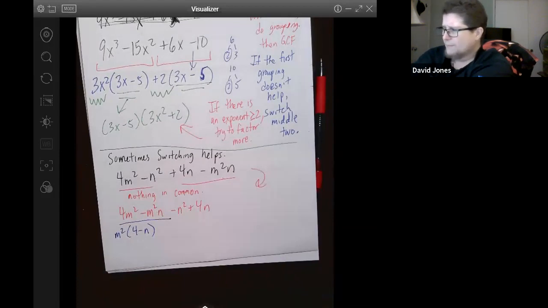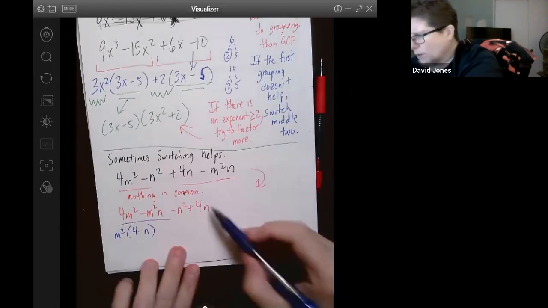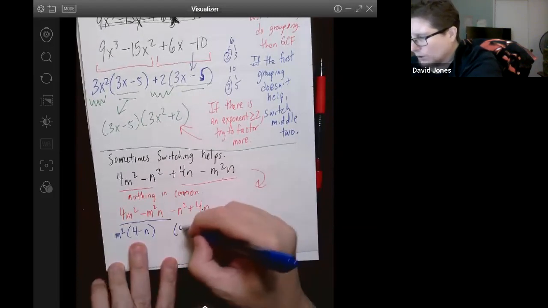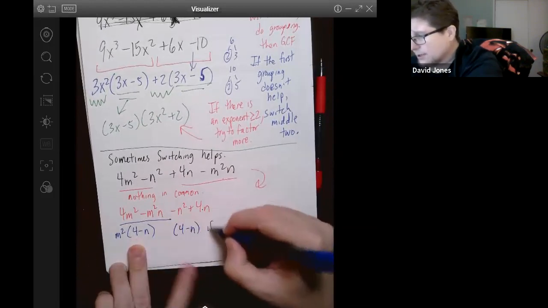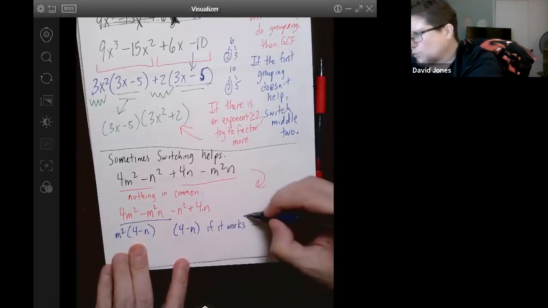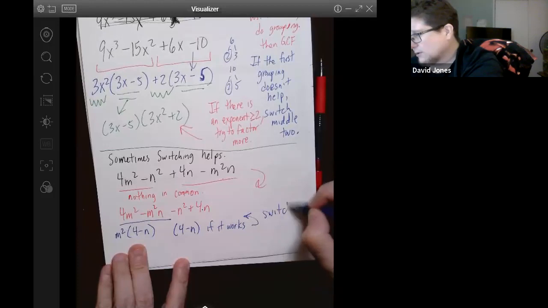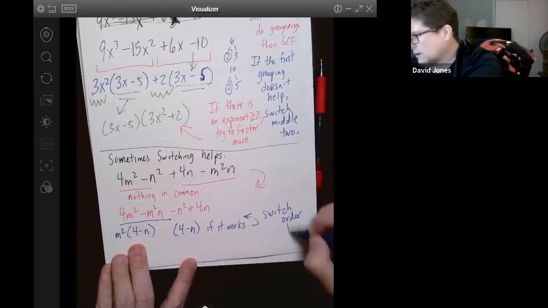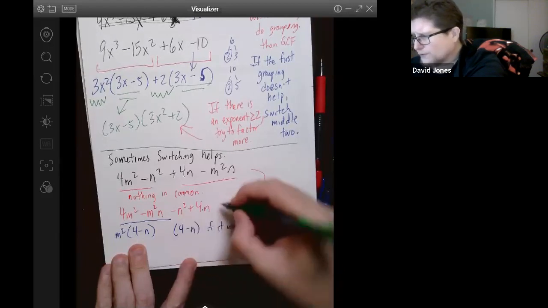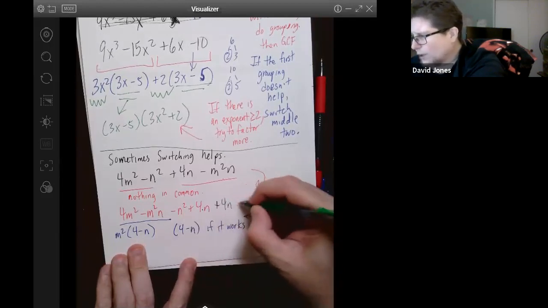It looks like maybe if I want to have the 4 in front, I need a 4 minus n, if this works. So let's switch the order there. I'm going to take the negative n squared plus 4n, and I'm going to change it to 4n minus n squared.